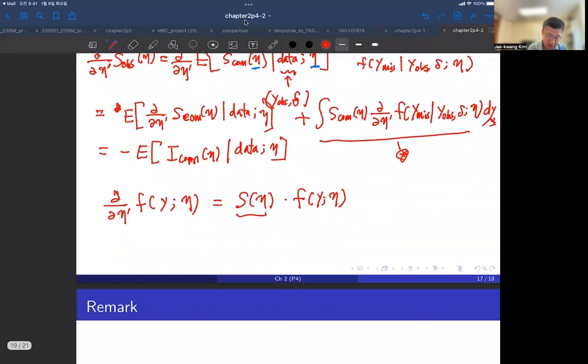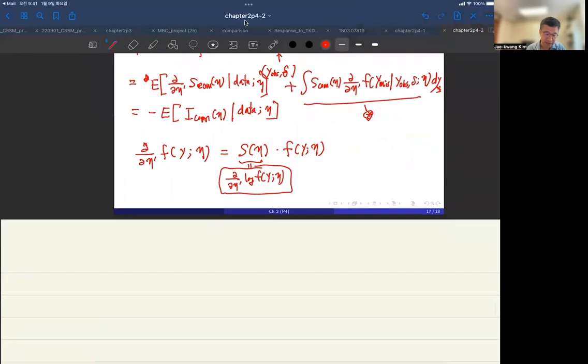Because this guy is log f, right? Remember, if you take the partial differentiation with respect to eta on log f, then you have a numerator f prime and denominator f, and the denominator f and this f cancel each other. So that's what is going on.